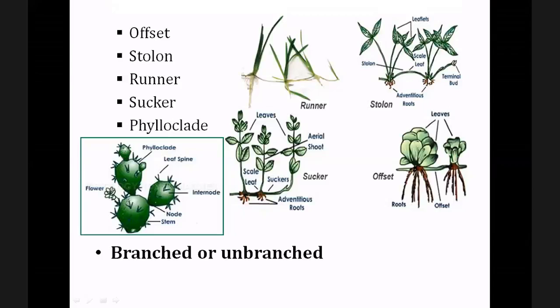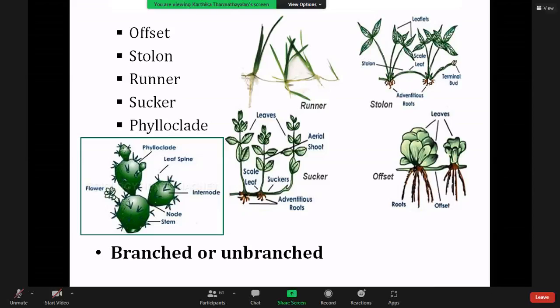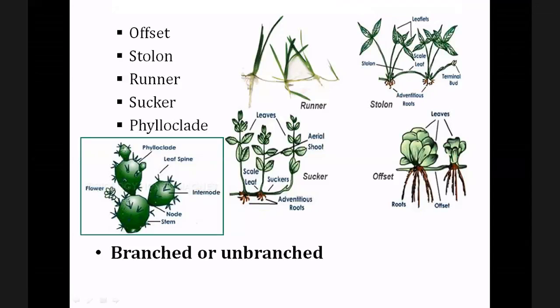These underground parts grow horizontally for a distance under the soil, then emerge at an angle above the ground. That is called suckers. The example is the banana. Banana produces suckers.